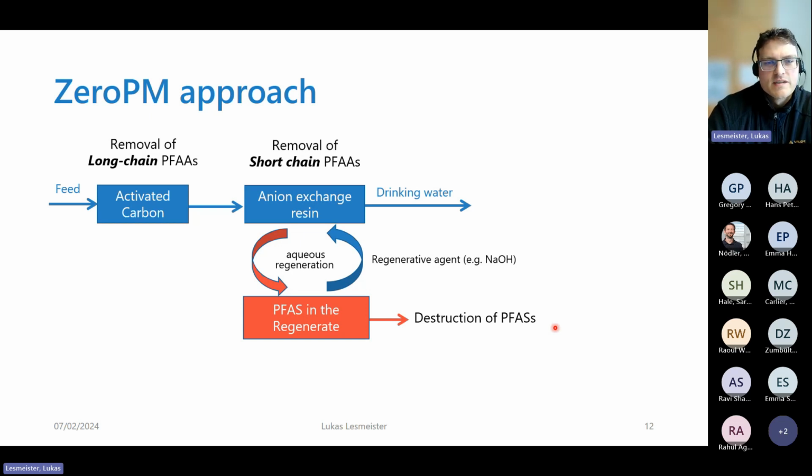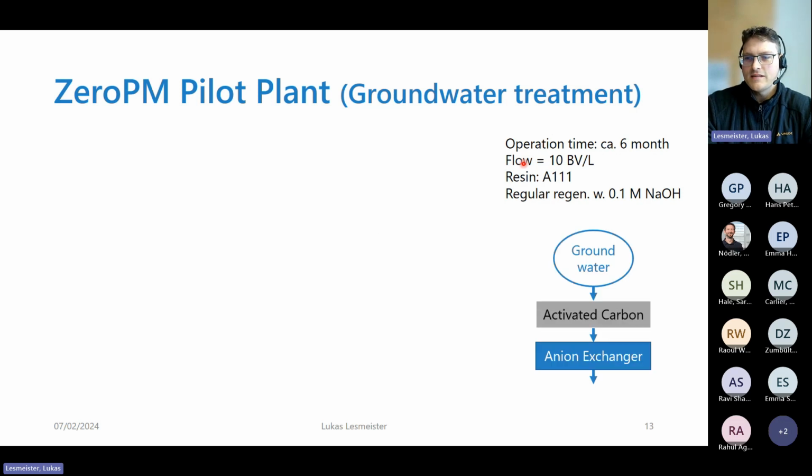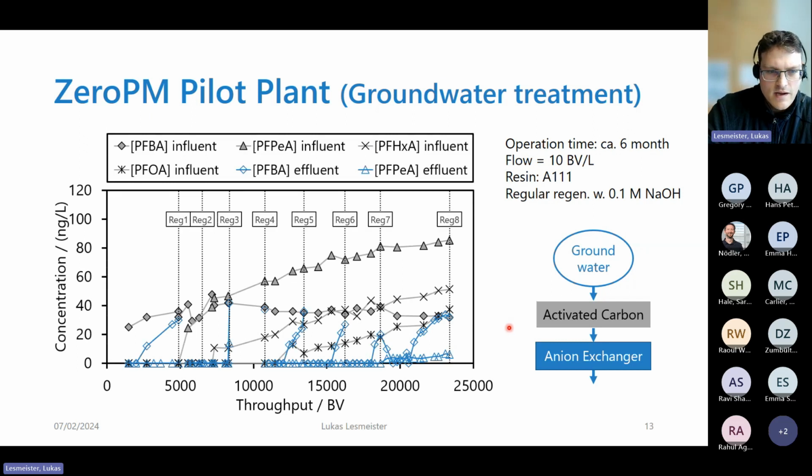So I will show you some intermediate results of a pilot plant in which we paired activated carbon with anion exchange, to tickle you a bit and make you more excited for further results in the course of the project. So we have groundwater contaminated with PFAS, and then we have activated carbon treatment and then an anion exchanger afterwards.